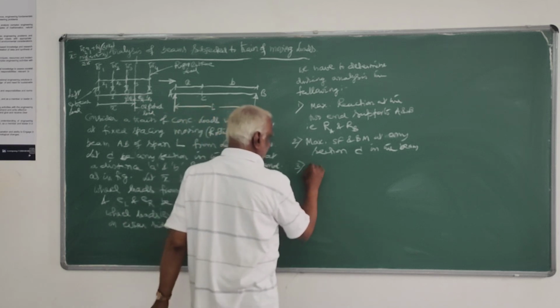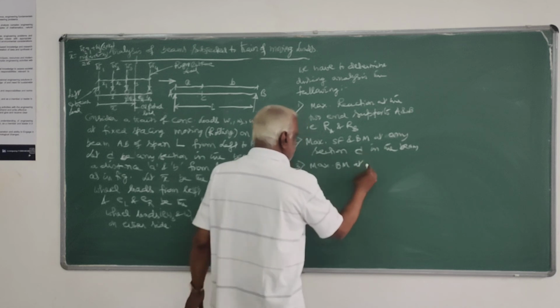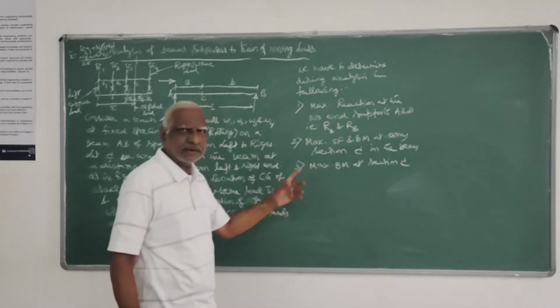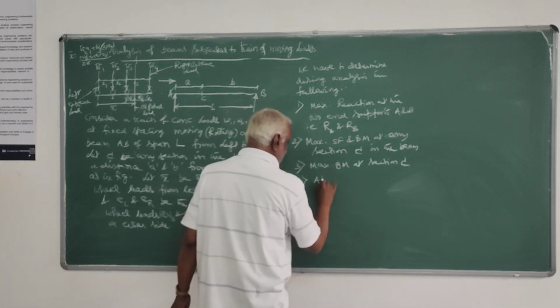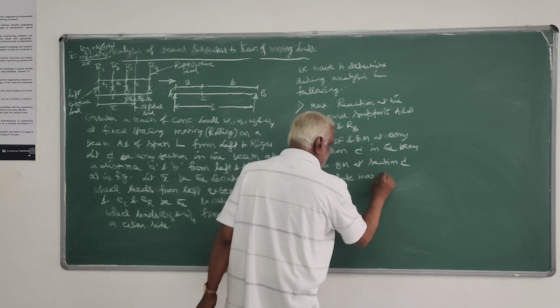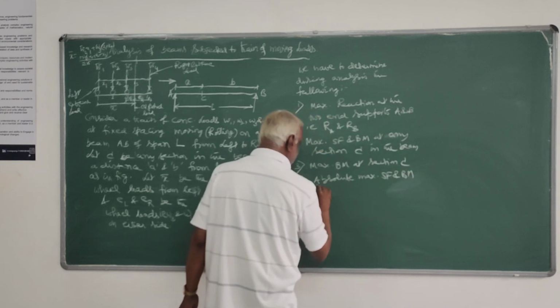And the third one, maximum bending moment at section C, that also you have to determine, shear force and bending moment. Then lastly, you have to find out what is known as the absolute maximum shear force and bending moment in the beam.